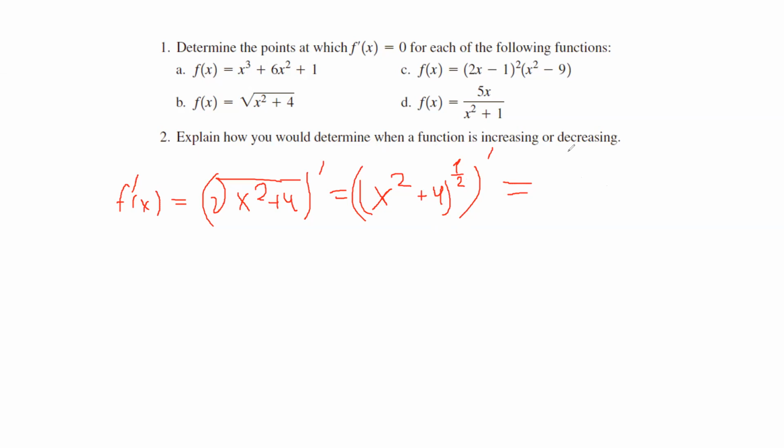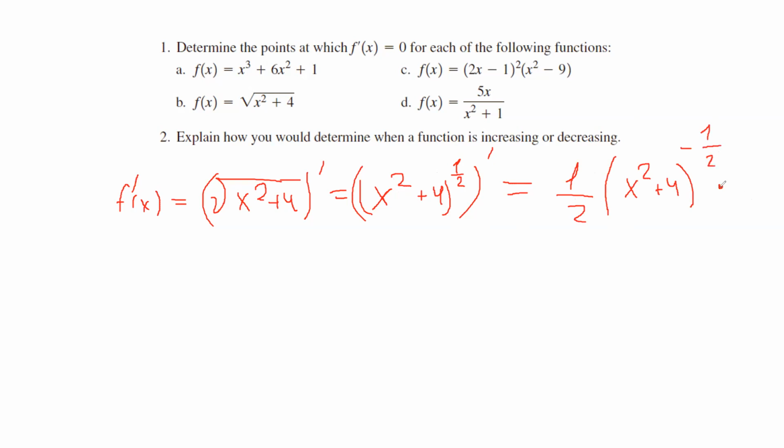Yeah, I'm just going to have to find the paper. So I'm going to go ahead and write it down. It's going to be the derivative of the outside function. In this case, it's 1/2, so I'm going to bring it over as a coefficient, right? 1/2 times what is inside the brackets, x squared plus 4 to the power -1/2, right?